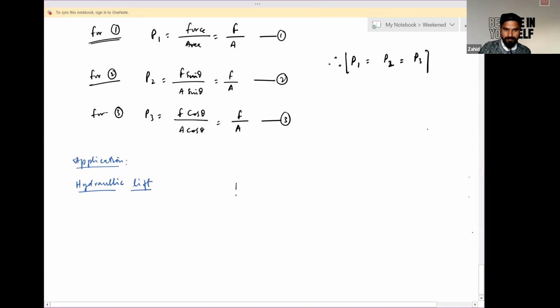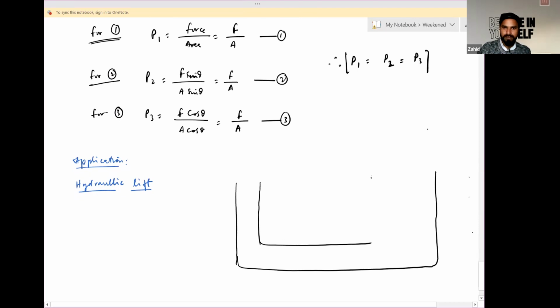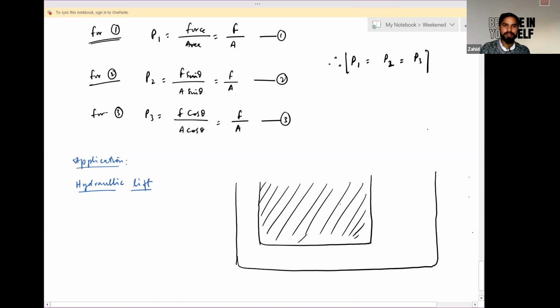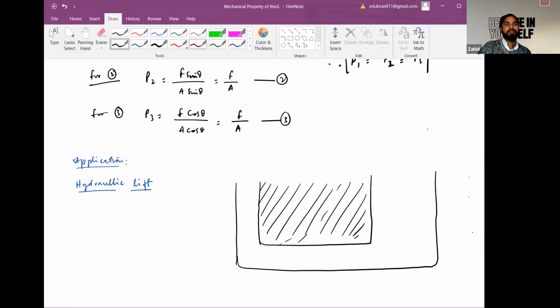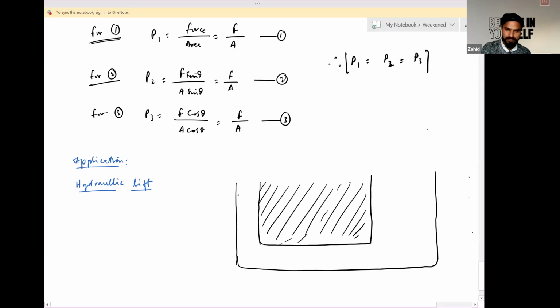Suppose there is a compartment like this, or connected tube, which is filled by any thick liquid, which should be non-viscous and incompressible. So there's a fluid in this part.